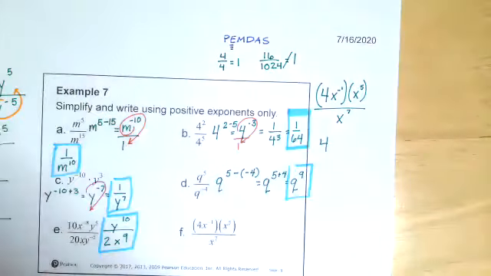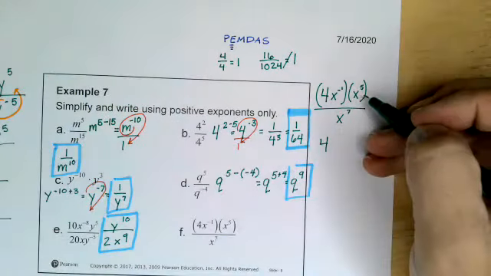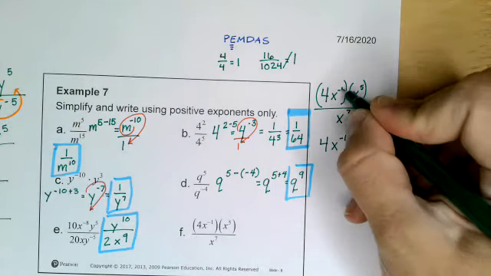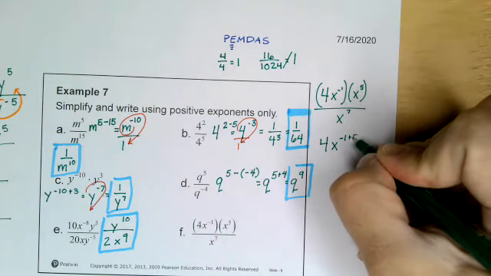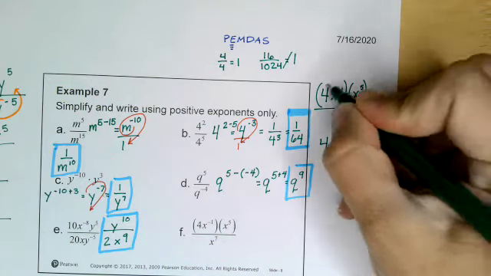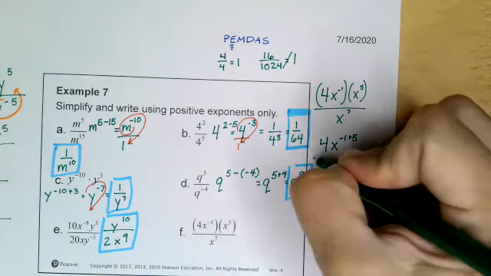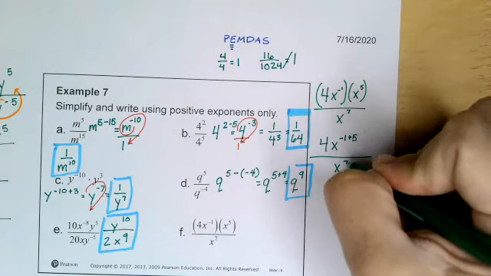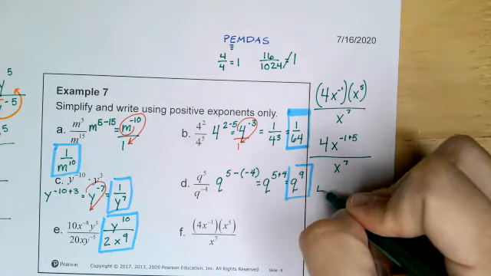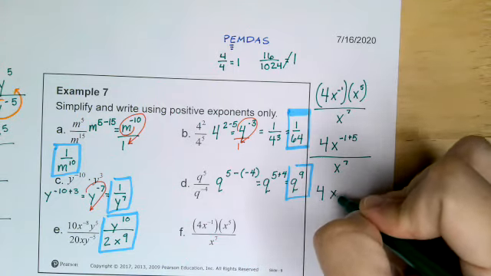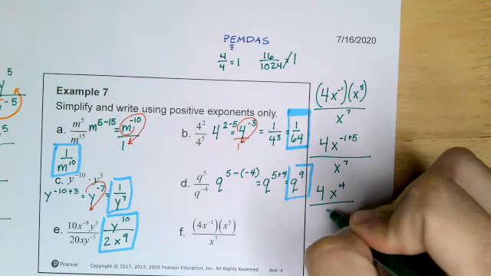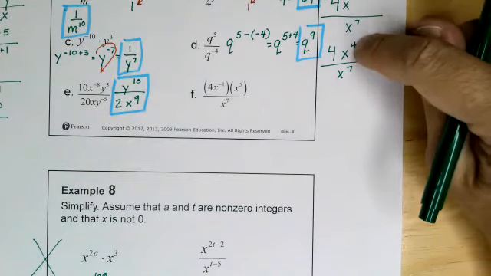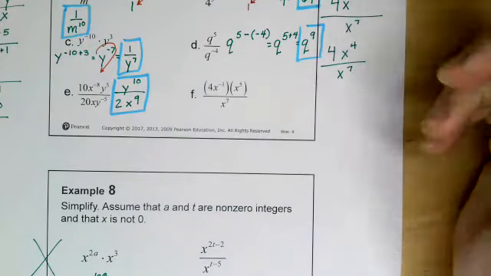We're just going to combine the x's. 4x -1 plus 5, right? That combines those two multiplication expressions over x to the 7th. So that is now 4x to the 4th over x to the 7th. Now I'm going to divide x to the 4th and x to the 7th.